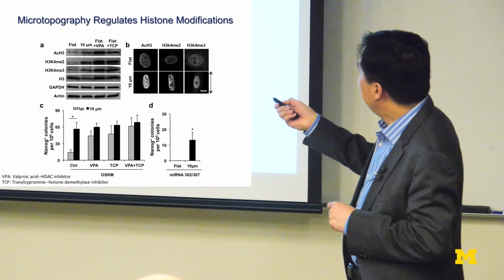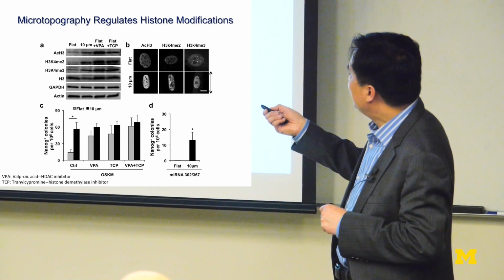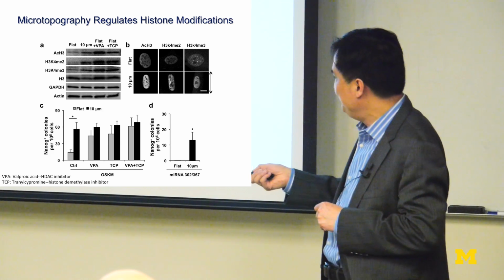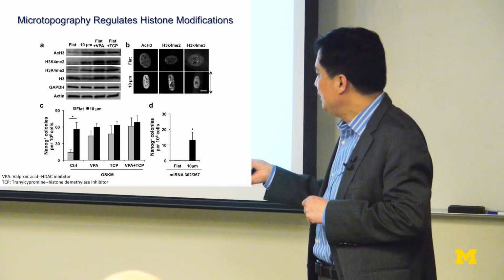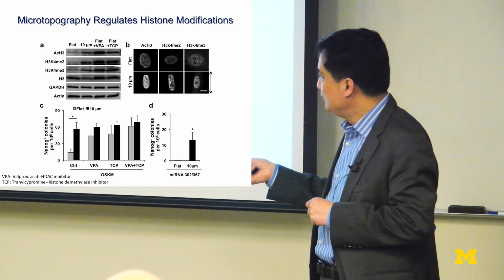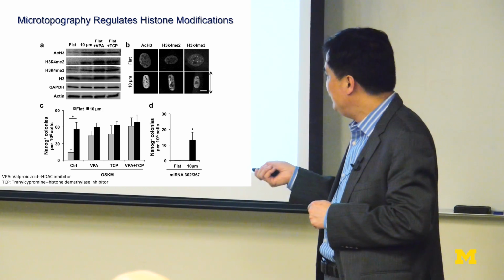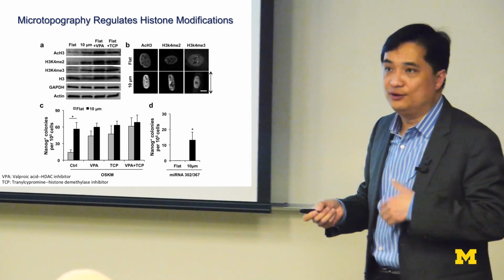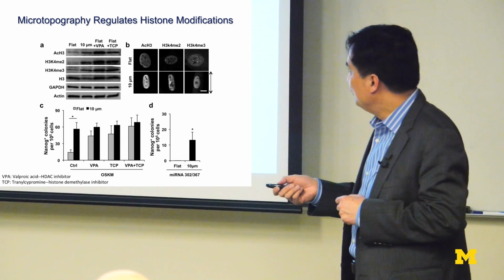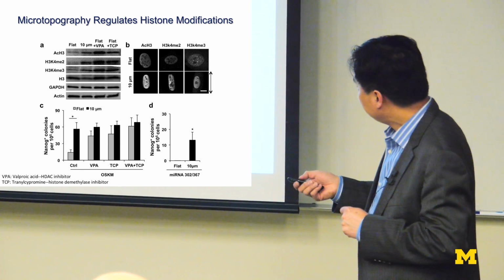So these effects are very similar to the chemical inhibitors. Here we have 2 chemical inhibitors. VPA is the histone deacetylase inhibitor that can enhance reprogramming, and TCP is the histone demethylase inhibitor that also enhances reprogramming. It was published a while ago.